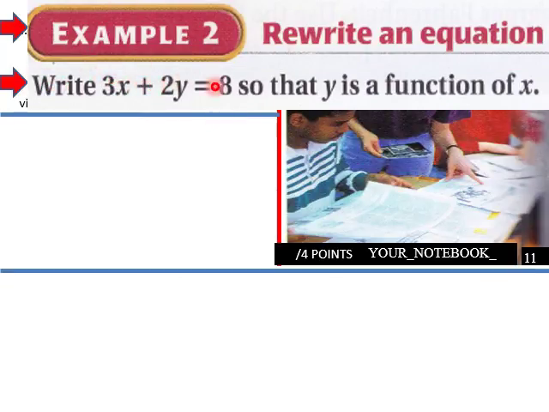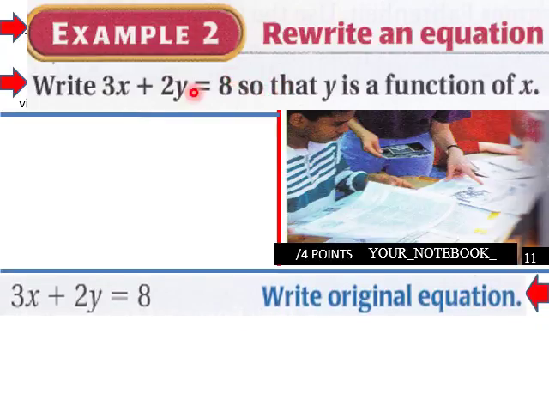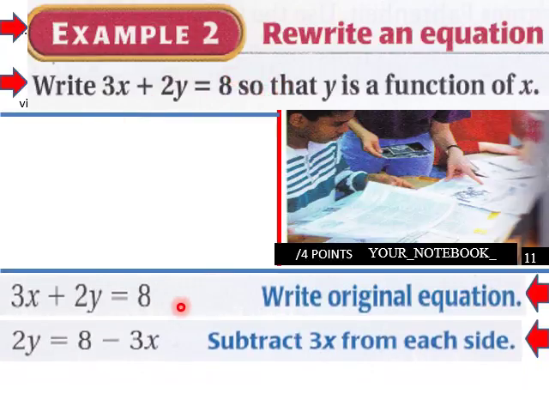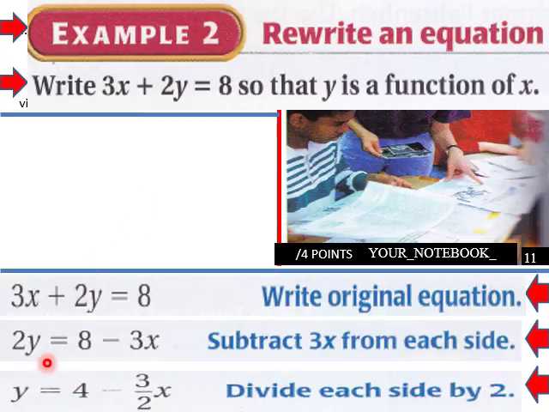Write 3x plus 2y equals 8 so that y is a function of x. So here's our original. What do we do here? We move our 3x over to the other side so that we have 2y equals 8 minus 3x. Subtract 3x from both sides. Then we divide through by 2 and we have y equals 4 minus 3 over 2 x.